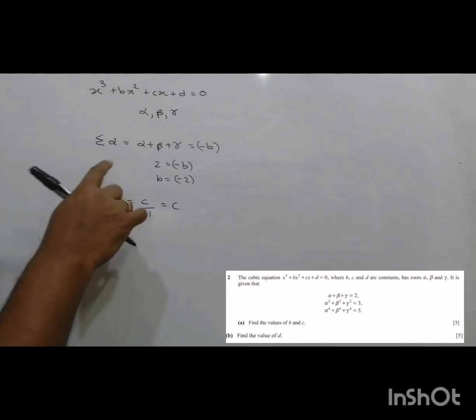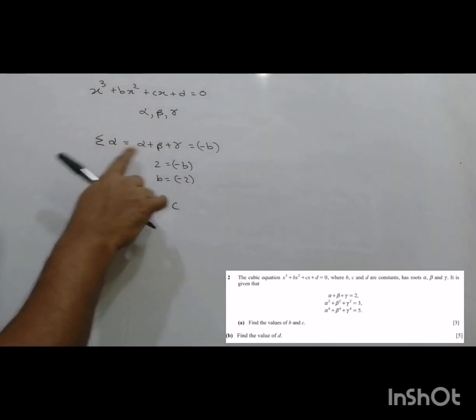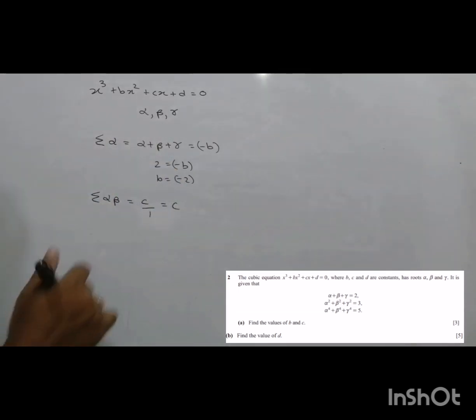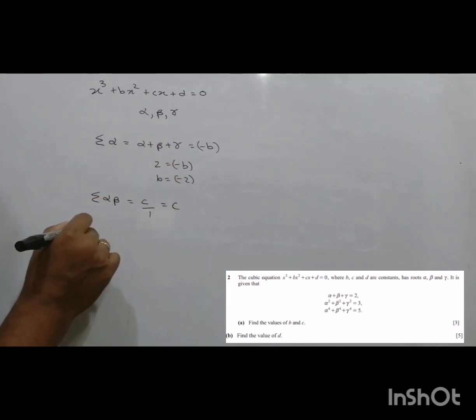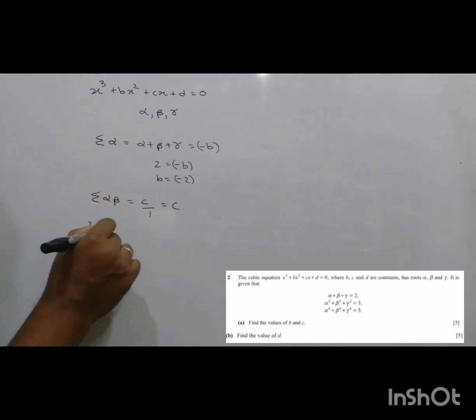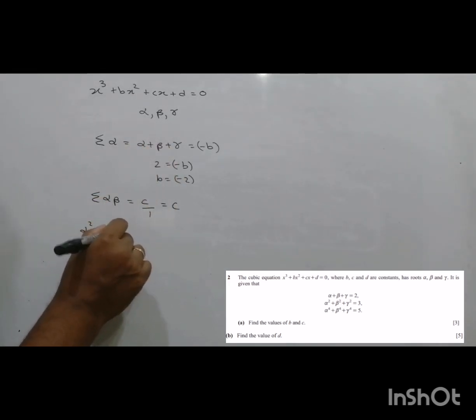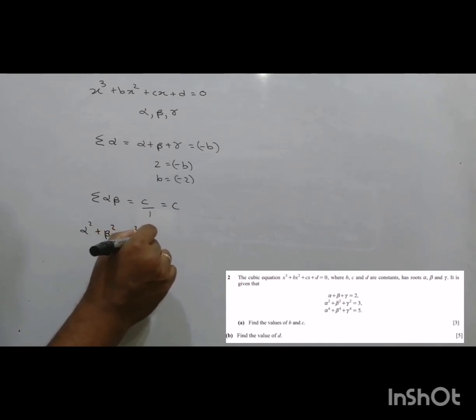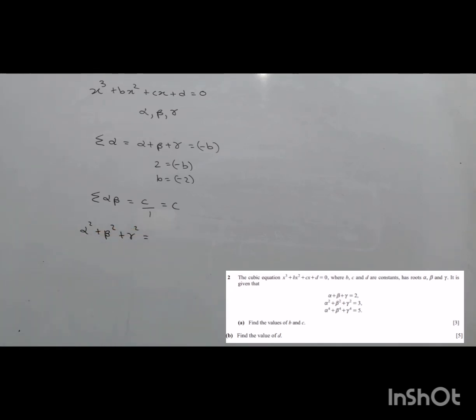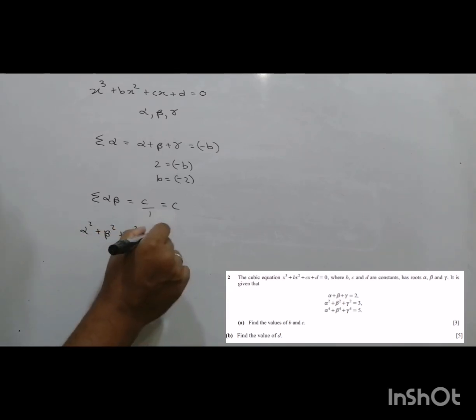We know they've given us the sum of the squares of the roots, as in alpha squared plus beta squared plus gamma squared is given, and that amounts to 3.